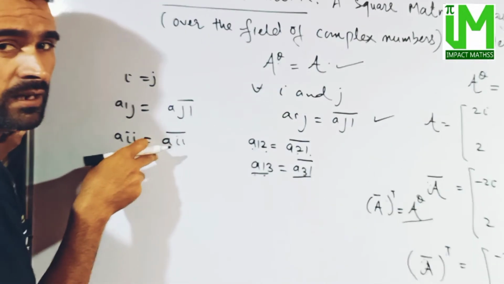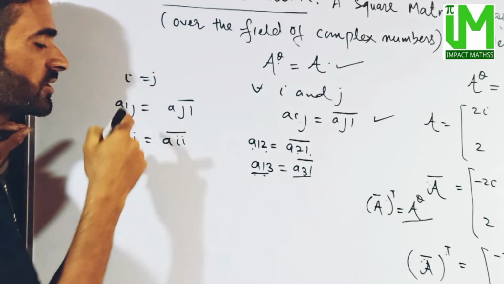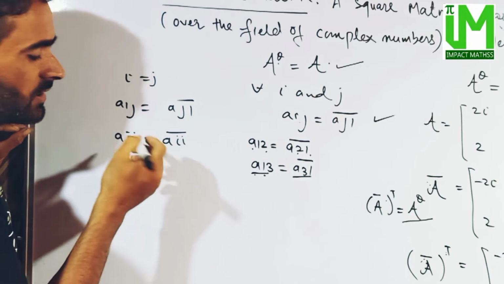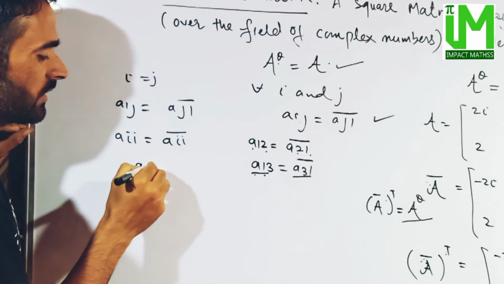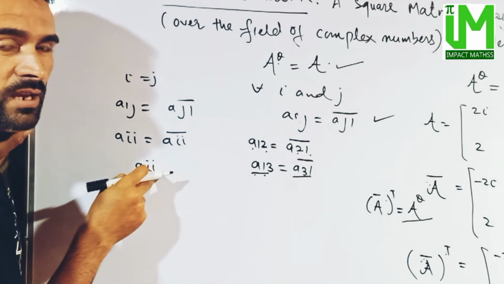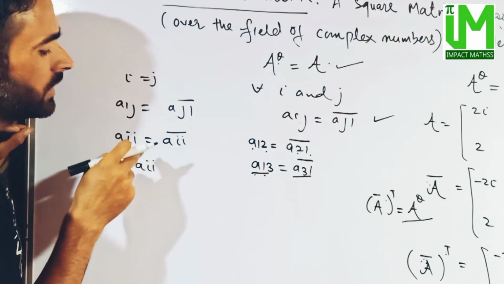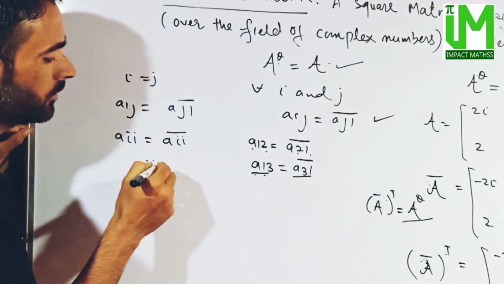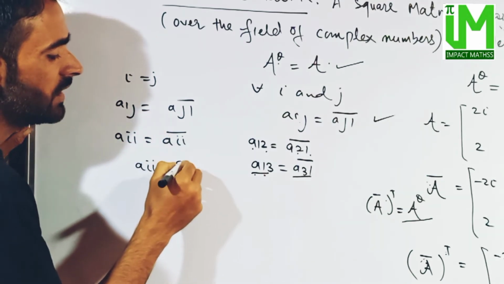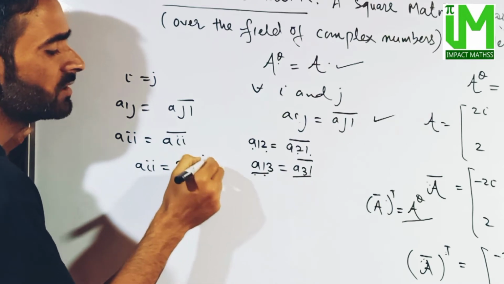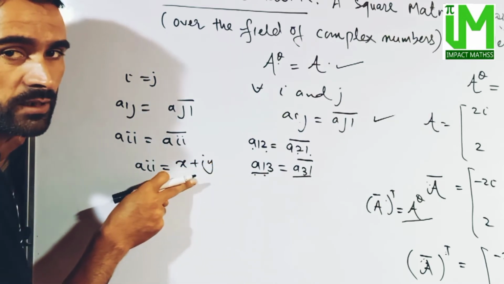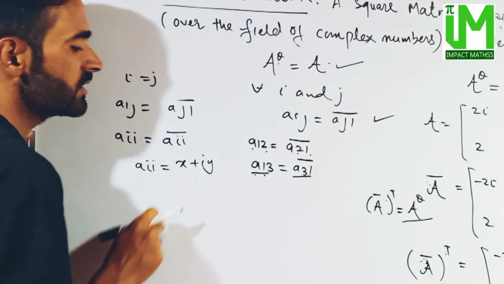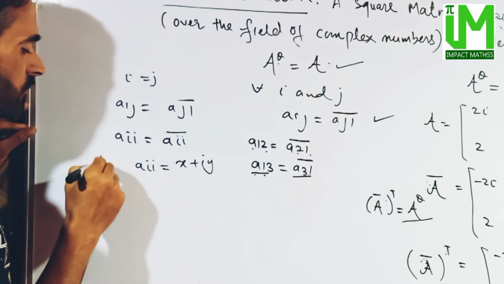अब A कॉम्प्लेक्स एंट्री है. से जनरल में अगर हमारे पास कोई कॉम्प्लेक्स एंट्री हो, say if we take Aii, which is the element which lies at ith row and ith column, let's take this entry as x plus iota y. जनरल में कोई भी कॉम्प्लेक्स नंबर लें तो Aii is equal to x plus iota y.